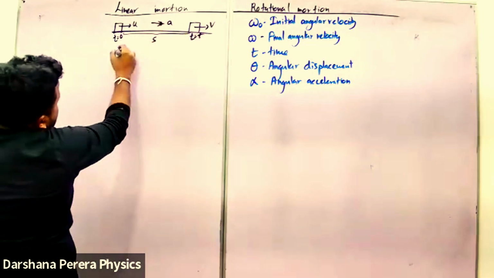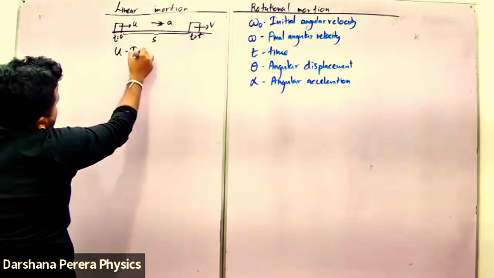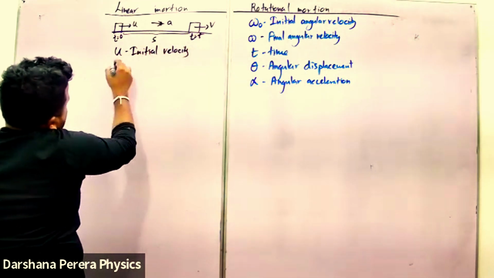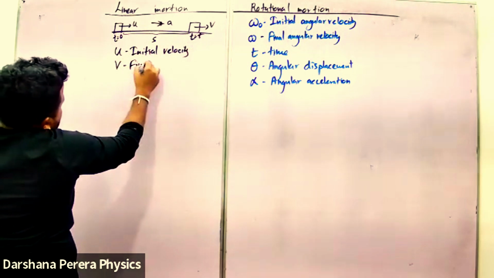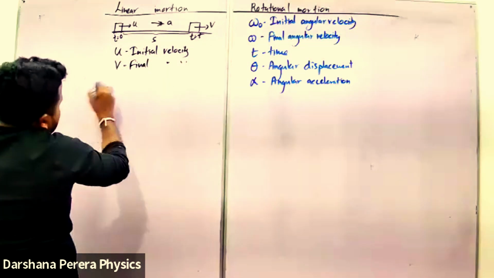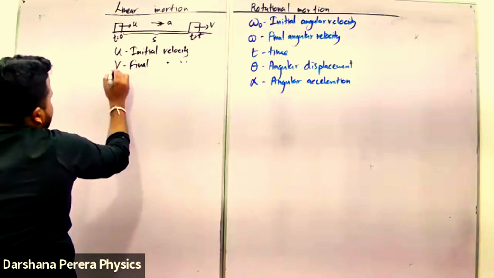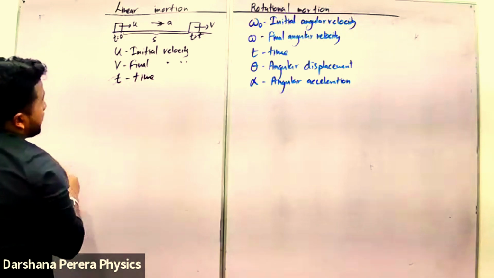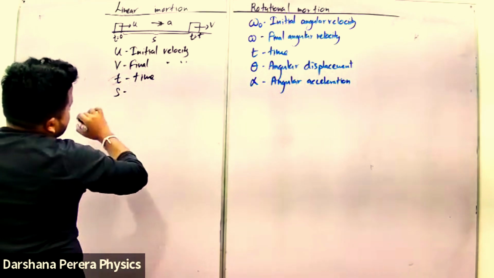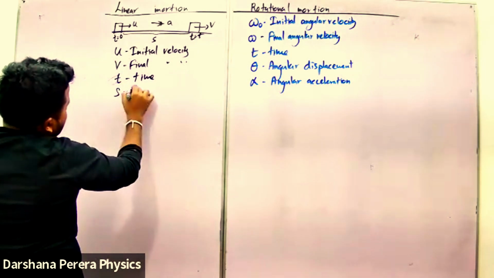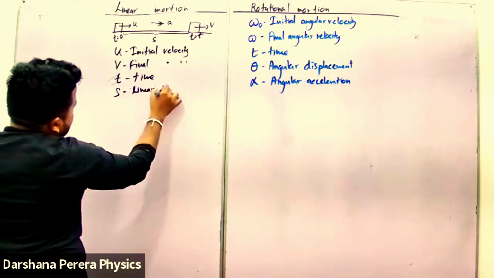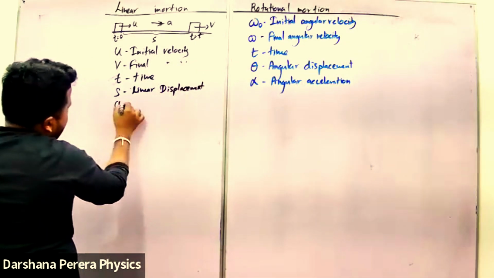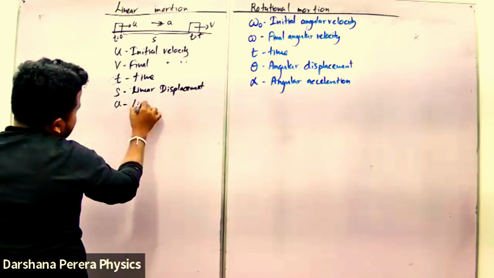We take u as initial velocity, v as final velocity, t as time, s as linear displacement, and a as linear acceleration.